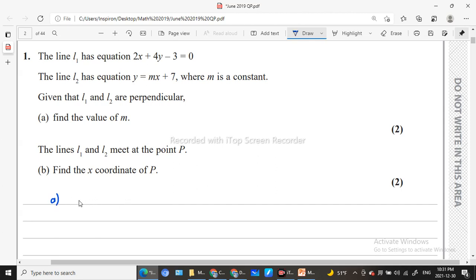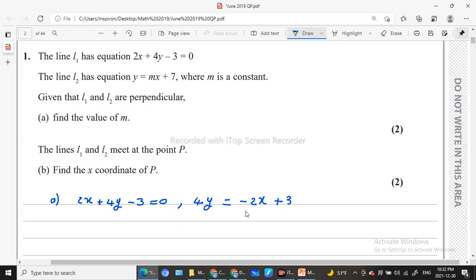Now line L1, 2x plus 4y minus 3 equals 0. Now keep 4y on the left side and take 2x to the right side: minus 2x, and minus 3 also becomes plus 3.